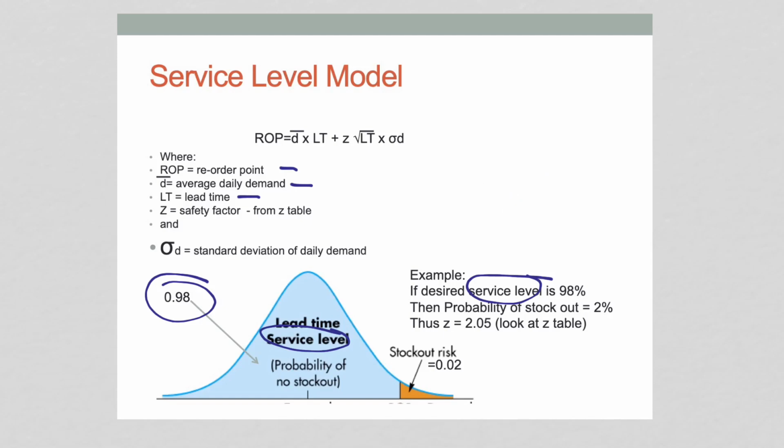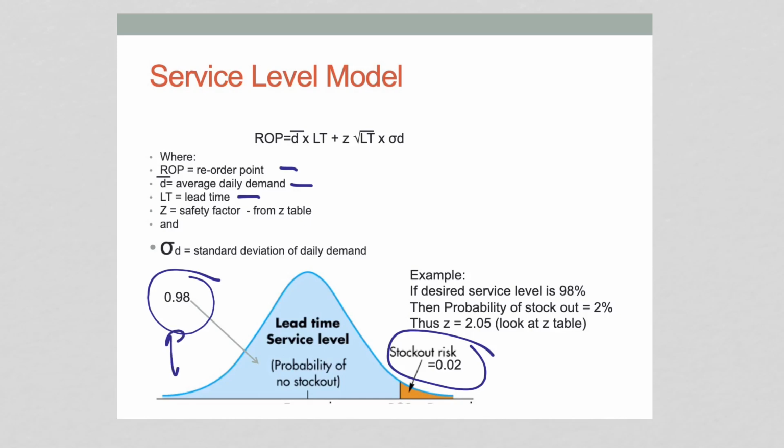Similarly, the opposite of the service level, and I'll just show you on this chart here. So if the service level is 0.98, that means that there is a risk that we will stock out, even if it's small risk, 0.02. So sometimes you're given the information like this, where you want a 98% service level.